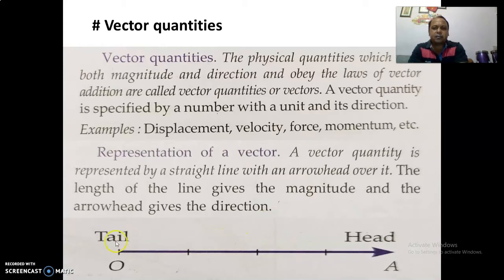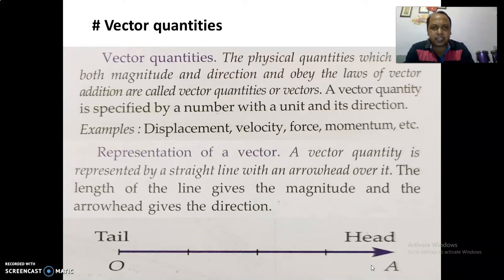Just see the diagram here. From the tail to the head, the length represents the magnitude of the vector quantity, and the arrowhead shows the direction. So a vector quantity can be represented by an arrow. The length of the arrow will give you the magnitude, and the direction of the arrowhead will give you the direction of that particular vector quantity.